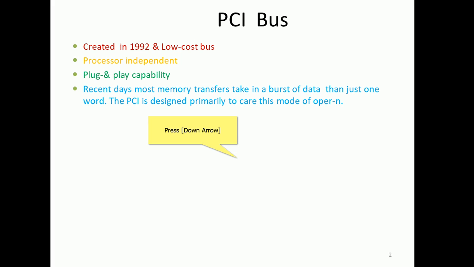In recent days most memory transfers take place as a burst of data. We discussed in the previous topic, especially the DMA controller. With the DMA controller, there is a bulk amount of data transfer between devices, or processor to device and vice versa. There the intervention of the processor is very little.